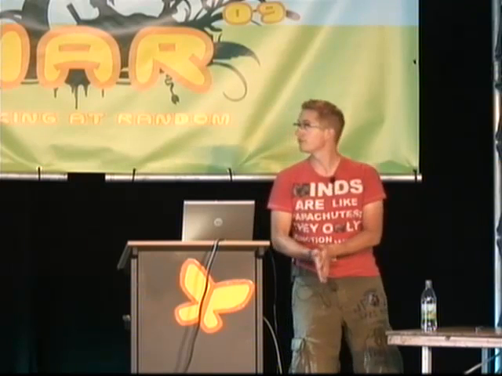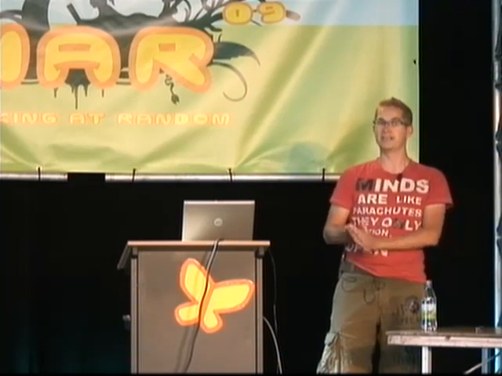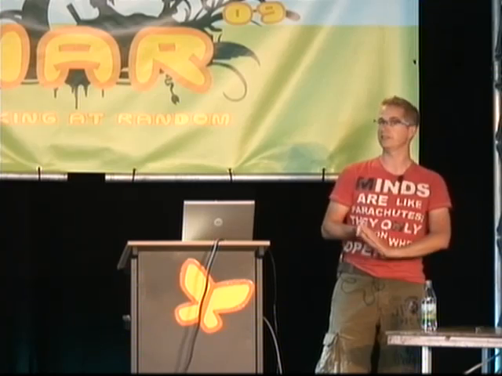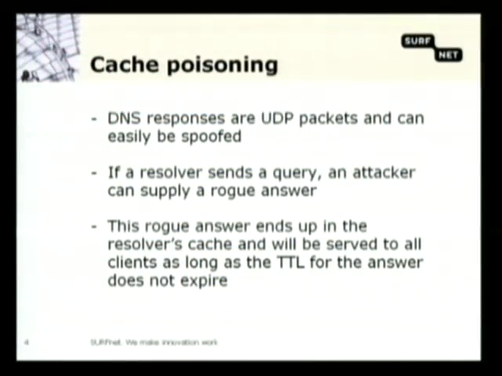And it's been known for years that there are vulnerabilities in DNS. One of these attacks is called cache poisoning. DNS works by using UDP packets, and I can really easily spoof a UDP packet. And for instance, I can trick a DNS resolver into believing that I'm actually sending him a valid answer to a query that he sent.